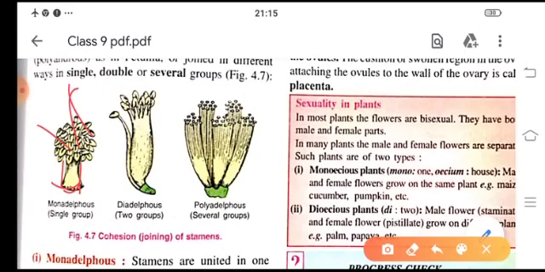So they are forming a single group. This condition is monoadelphous. Here two groups of stamens are there. One is here and the other one is here. They fuse together and this condition is known as diadelphous condition. Third one is polyadelphous condition. So many stamens are there and they fuse together forming several groups. So this is polyadelphous condition.